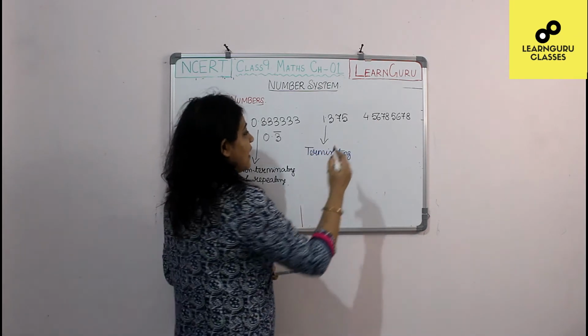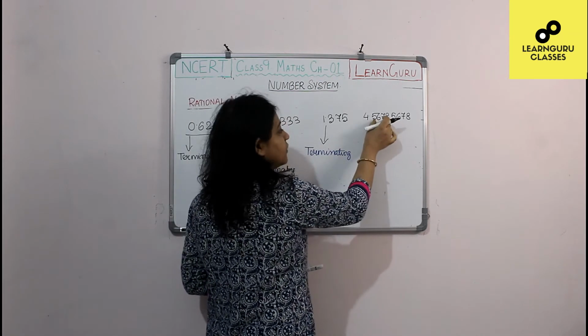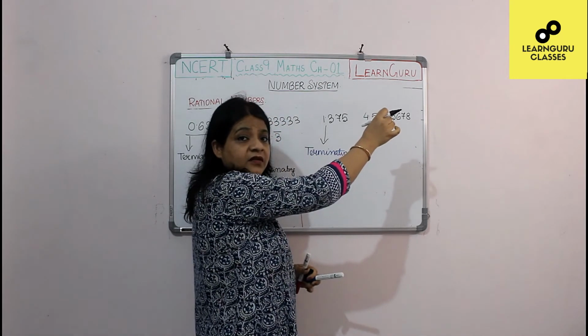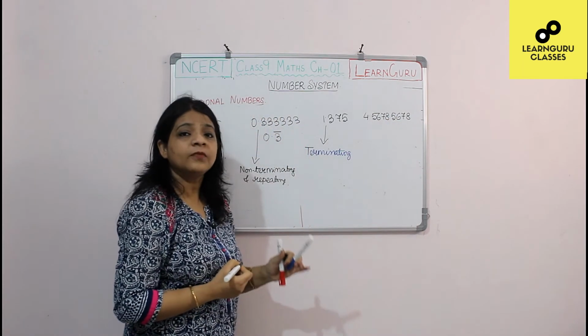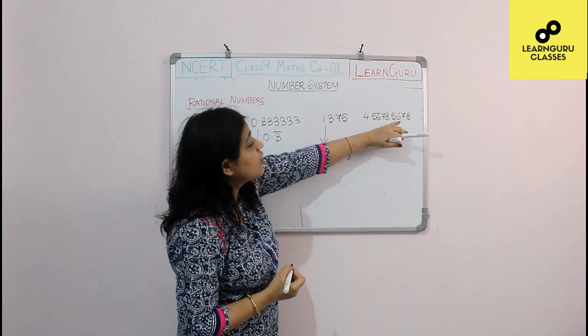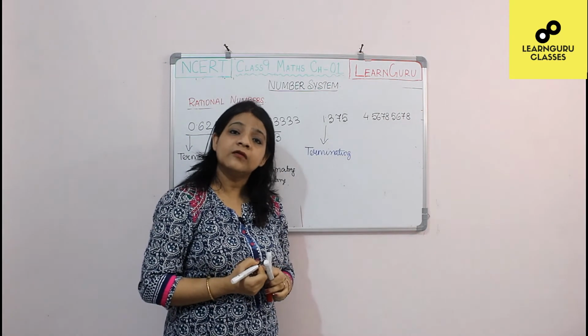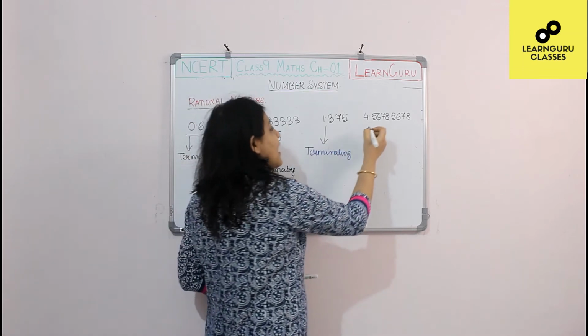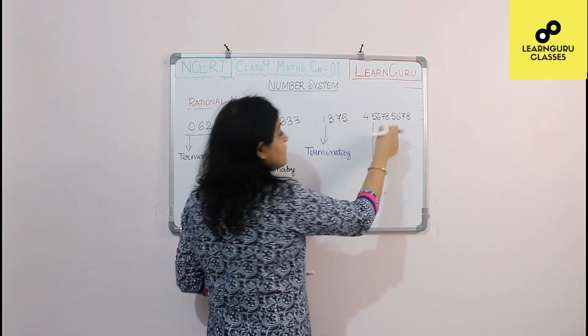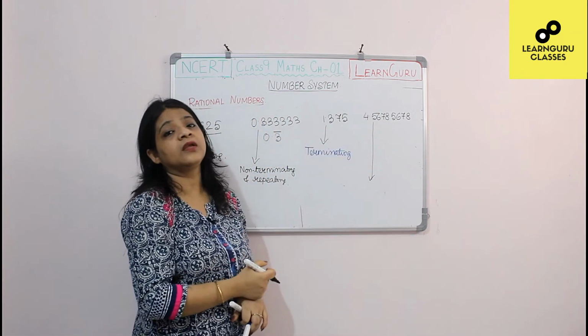Here you see that 5, 6, 7, 8, up to this no same numbers are repeating, but after that again 5, 6, 7, 8. From this we can say that a sequence of numbers is being repeated.